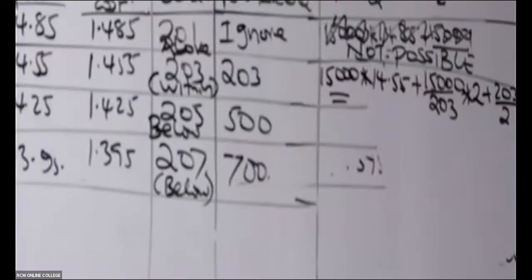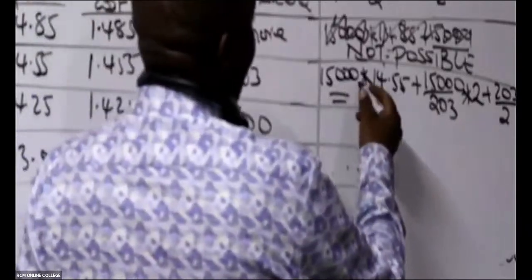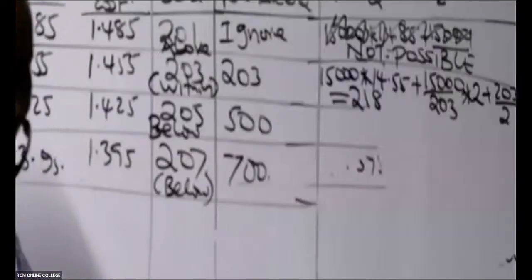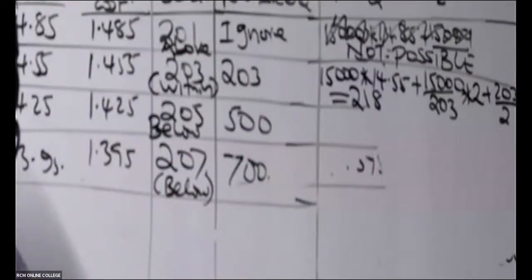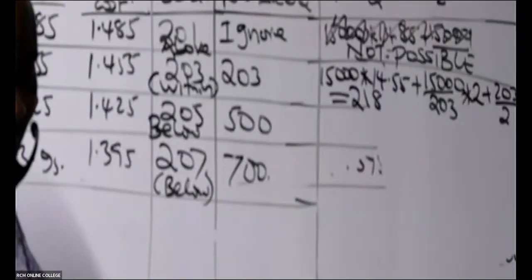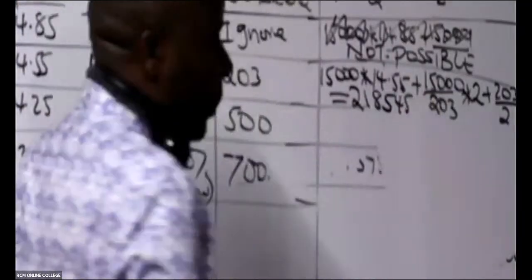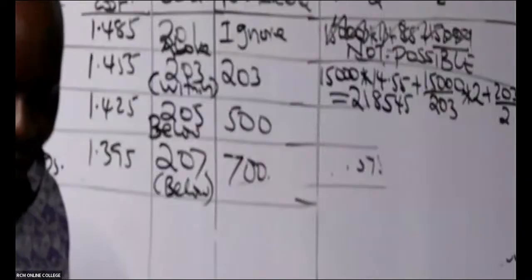Lavi gives me 218,545 total. 218, 545. That's from Lavi. We can't see the board, okay? I thought by making it bigger, it will become better, but I've spoiled it.